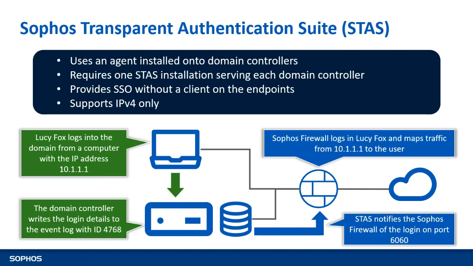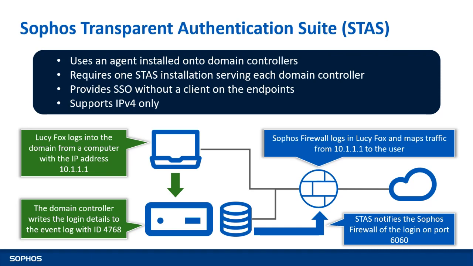The user, for example here, Lucy Fox, logs into the domain on a computer that has the IP address 10.1.1.1. Okay? The domain controller writes the login details to the security event log with the ID 4768.